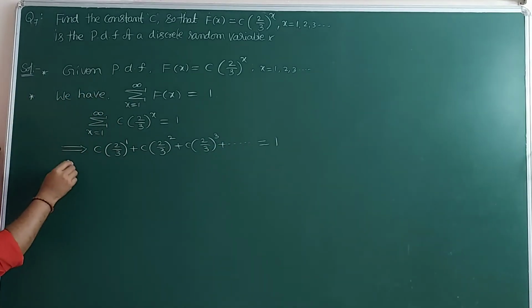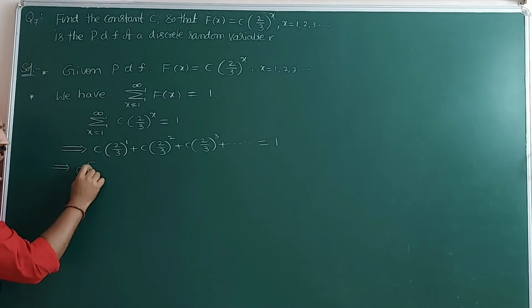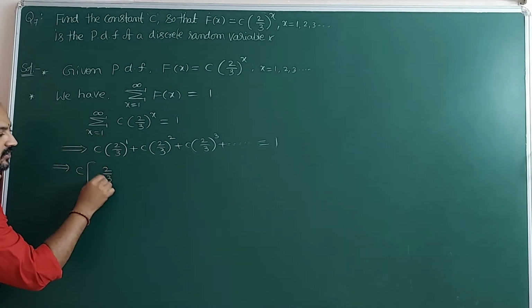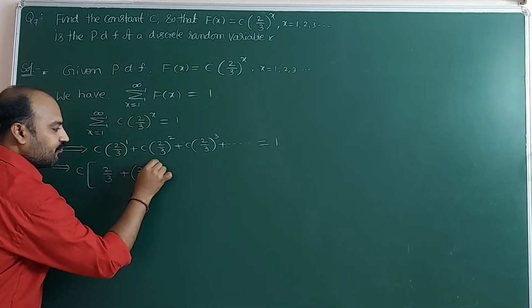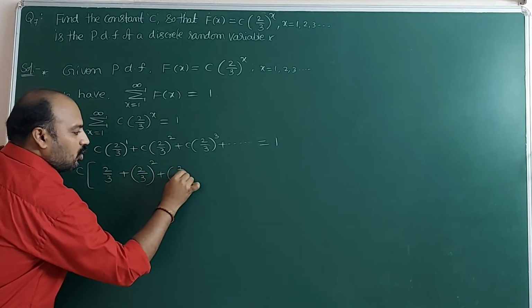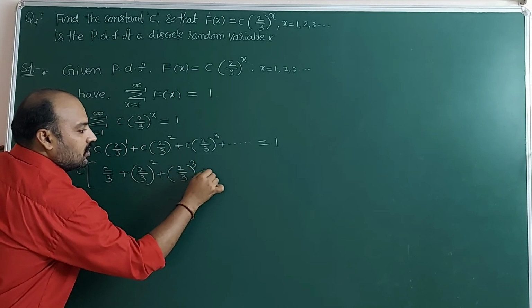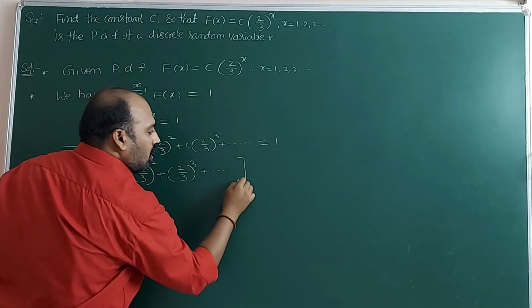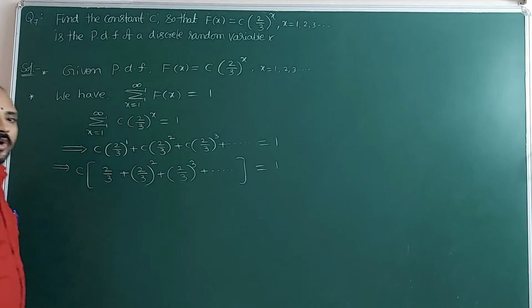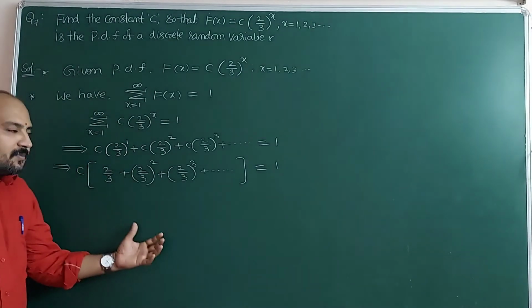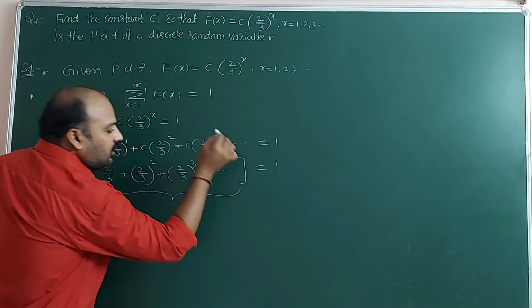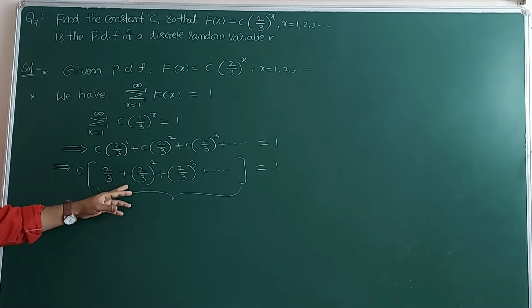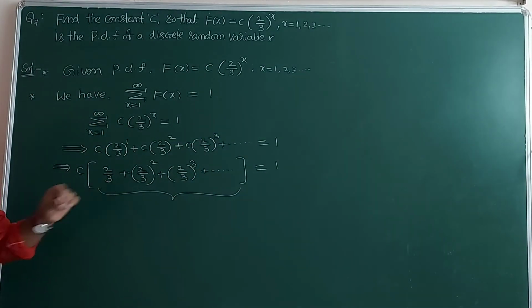So in this, c take common: 2 by 3 plus 2 by 3 whole square plus 2 by 3 whole cube plus and so on is equal to 1. If you observe, this bracket value is an infinite geometrical series.